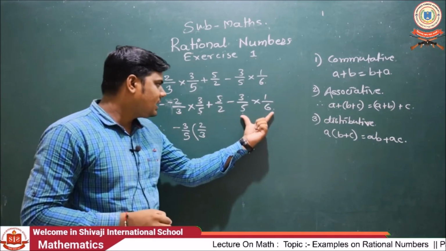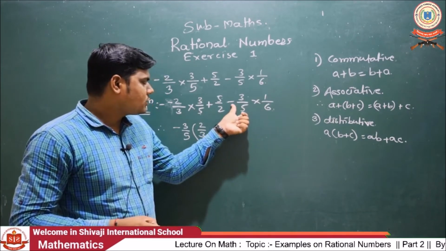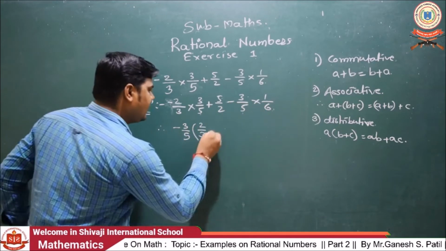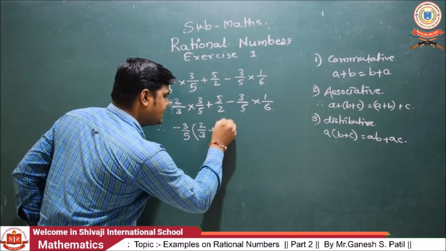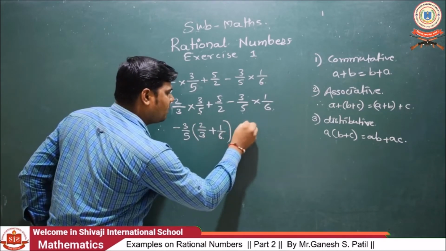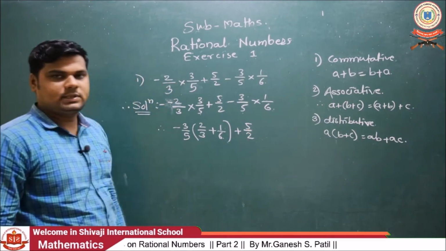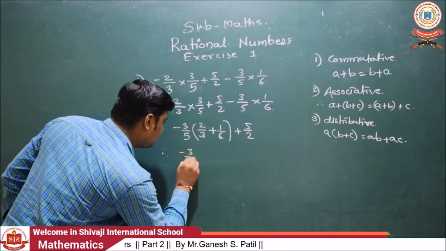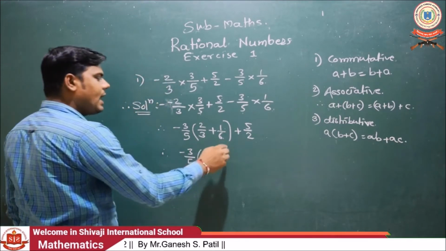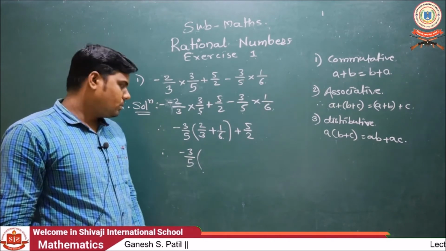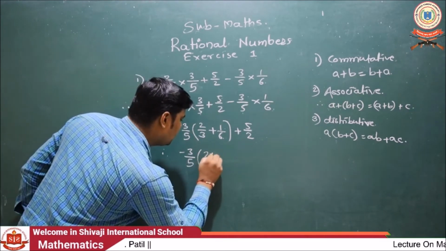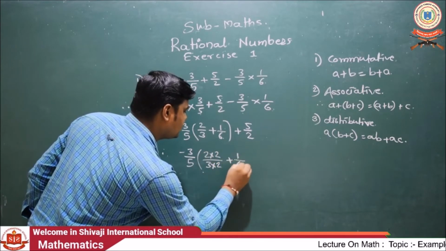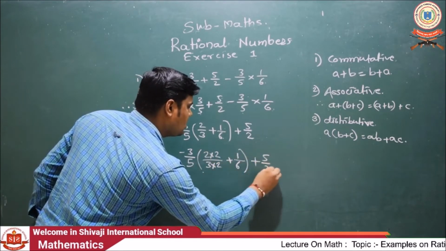And in the third term, minus 3 by 5 is common and only 1 upon 6 remains, and 5 by 2 stays as it is. Then minus 3 upon 5, and here we need the denominators to be the same, so 2 into 2 upon 3 into 2, plus 1 upon 6, and 5 by 2.